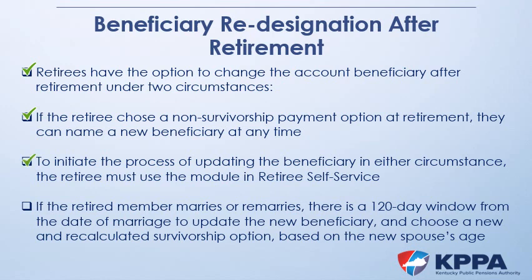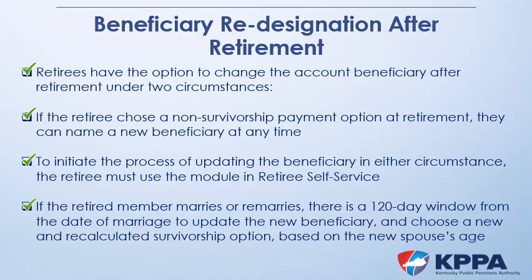Retired members should log into their member self-service account to initiate the process to change their beneficiary by completing the Form 6036 Beneficiary Designation Change. Making this beneficiary change does not change the payment option selected at retirement.